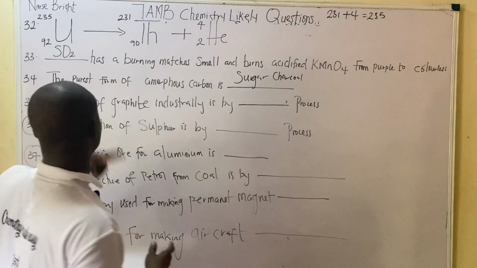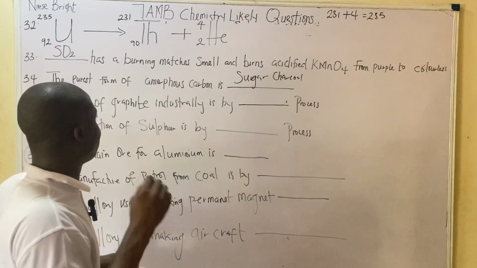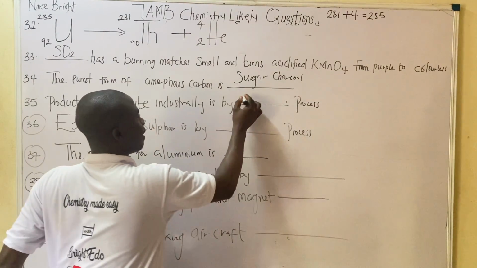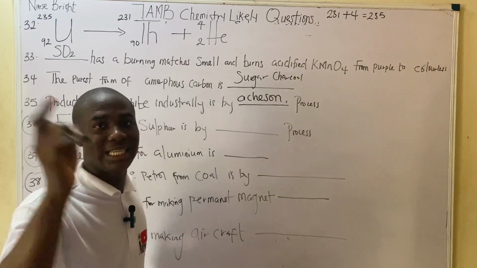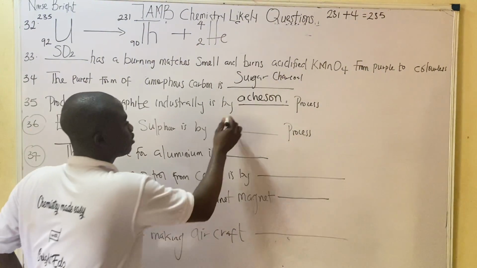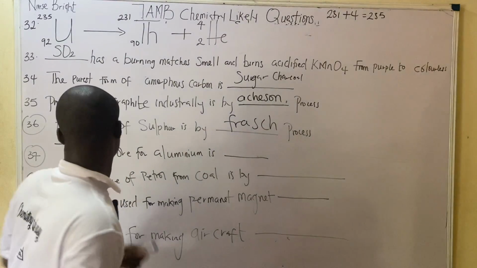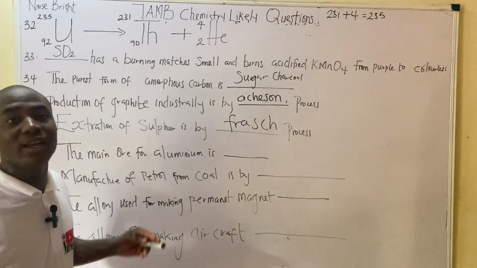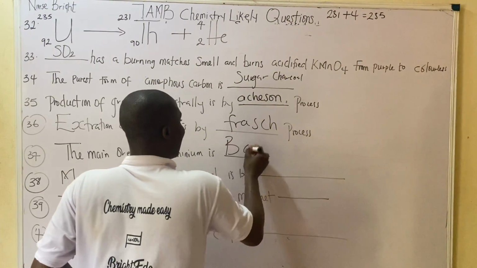Moving further to the next practice question, which is question number 35, it says, production of graphite industrially is by a process called the Acheson process. This must be noted. Whereby 36, extraction of sulfur is by a process called the Frasch process. The next practice question, which is 37, says the main ore for aluminium is simply called bauxite.